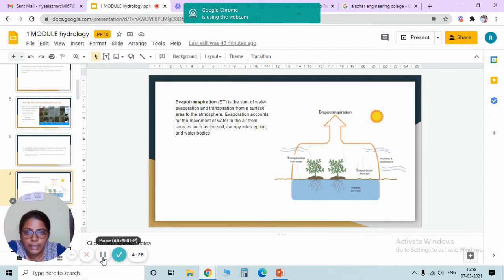As I said earlier, evapotranspiration is a term which combines both evaporation and transpiration, the sum of water evaporation and transpiration from a surface area to the atmosphere. Evaporation accounts for the movement of water to the air from sources such as soil and water bodies.